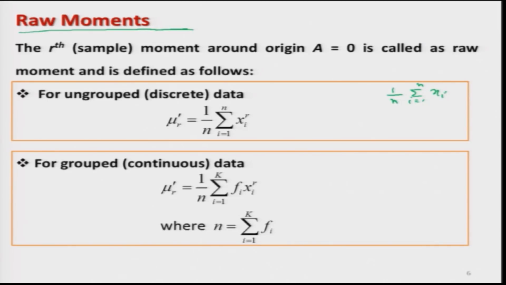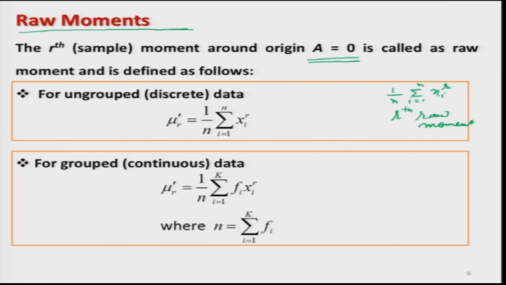Similarly, instead of taking x i, I take the rth power of x i, and this gives us the value of the rth moment, which is called the rth raw moment. In the earlier case, if you substitute A equal to 0, you get the same thing.